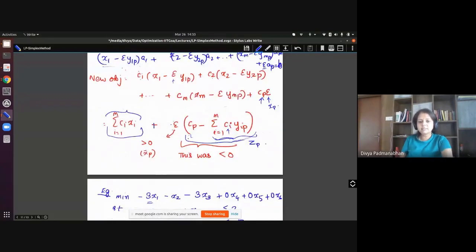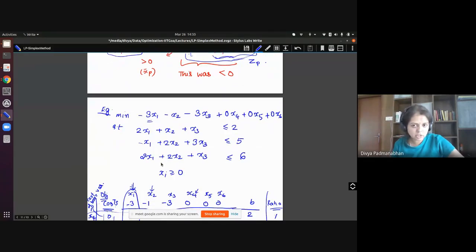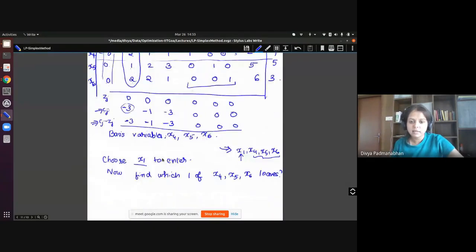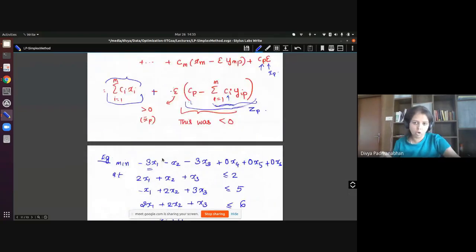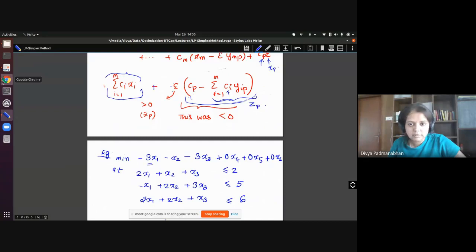So that means all these values for all the non-basic variables are going to be greater than 0. So however you go, you're going to get worse off. There's no way to become better, and so that means you have reached an optimum. This is the way in which you test for when to stop. I hope this has been clear.